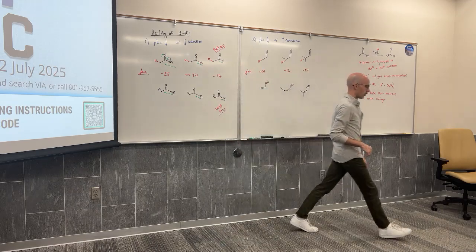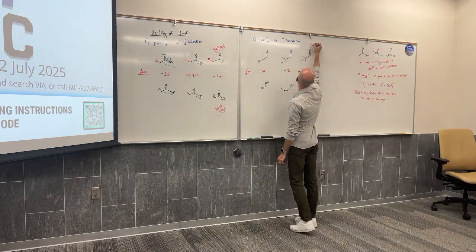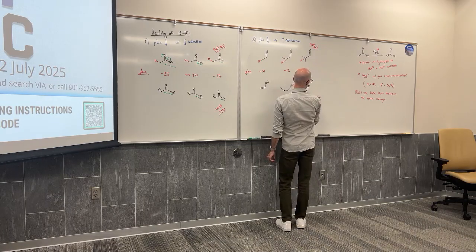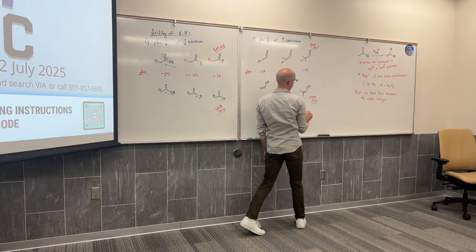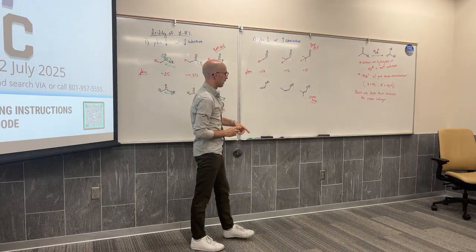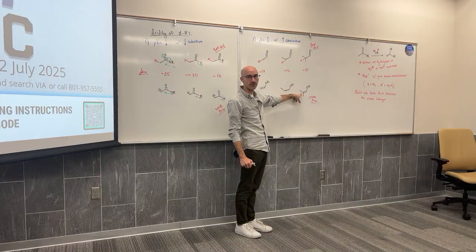So once again, we have our best acid and our worst base. The most stable base is the most substituted alkene. Remember, we learned this in OChem 1.